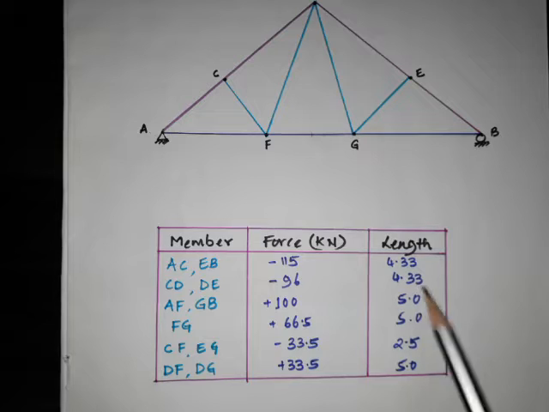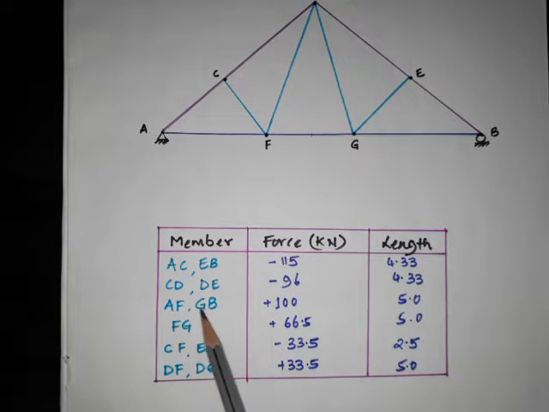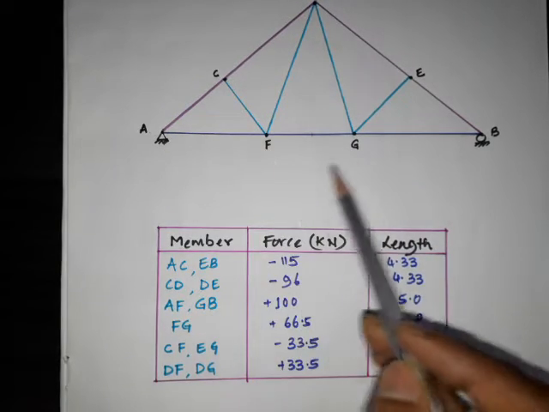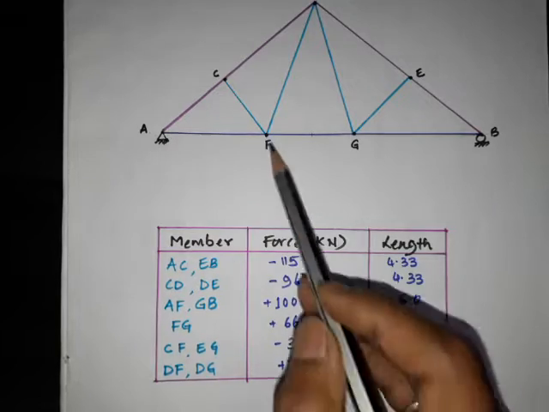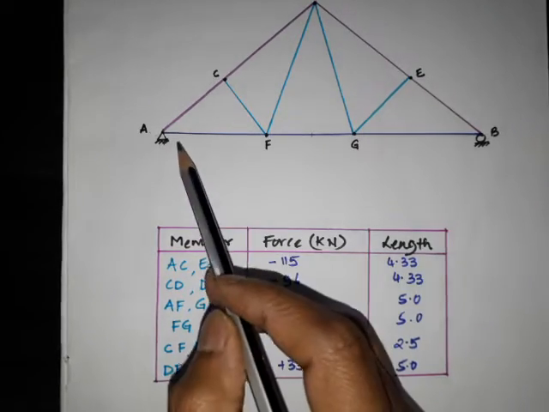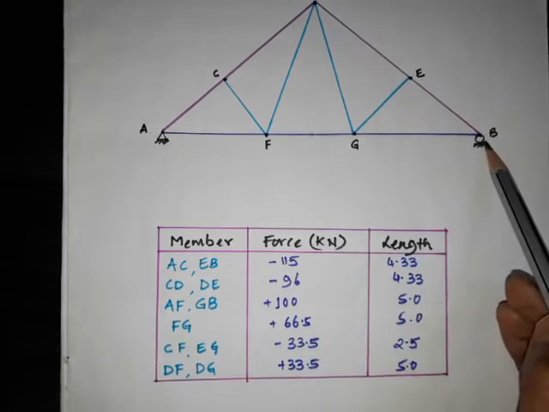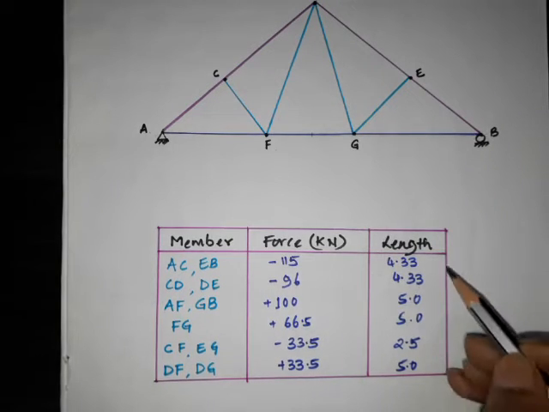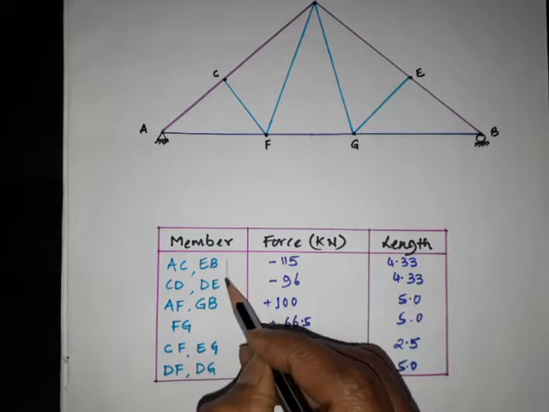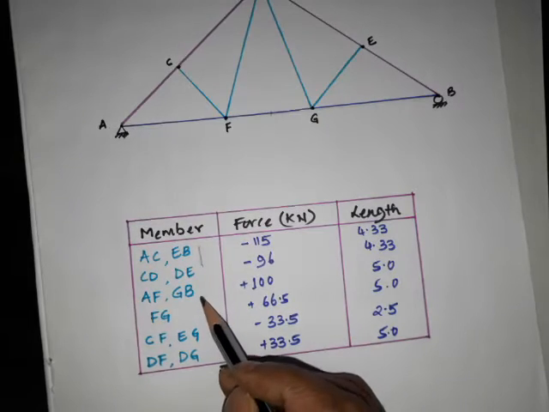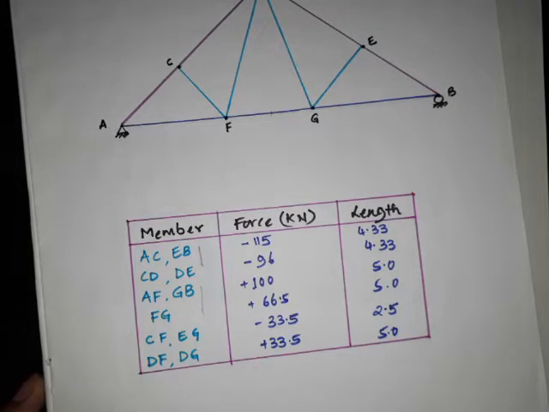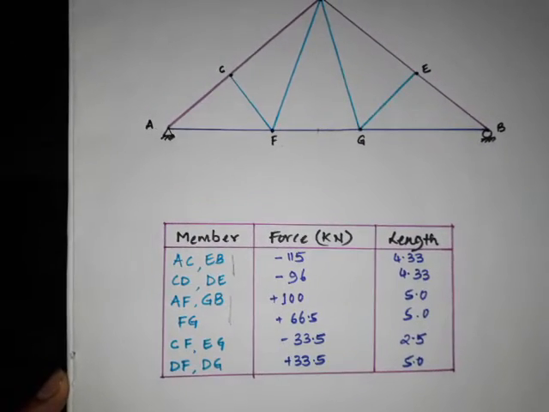Then we have the other members AF, GB and FG for the main tie. These two are for the principal rafter, and these are for the main tie. Next we have CF, EG, DF, DG, the other interior members.